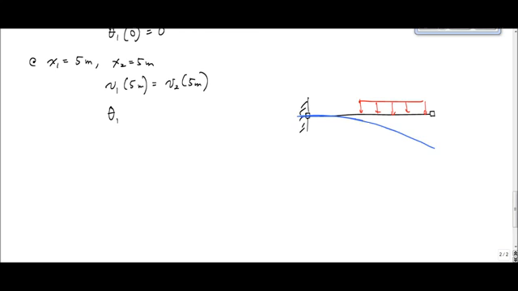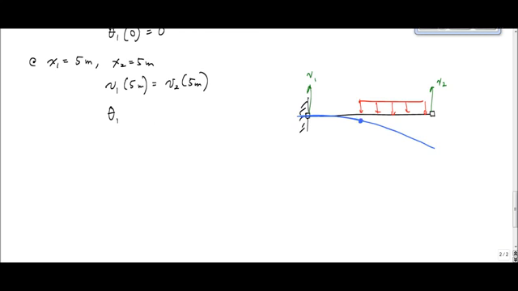And what I want is that the deflection at point B is the same just to the left of point B and just to the right of point B. And we can keep this the way it is because we said V1 is upwards, V2 is upwards. So really it's like saying the value of V1 here is equal to the value of V2.